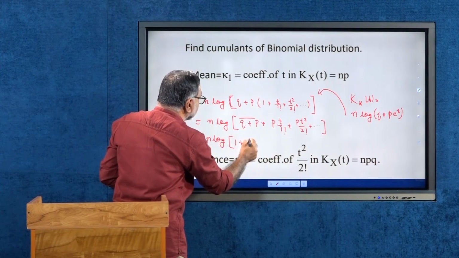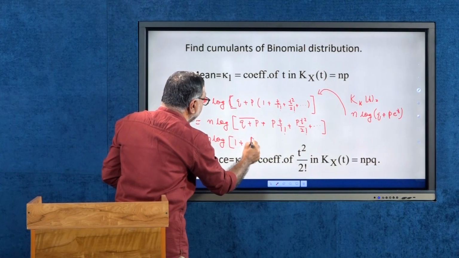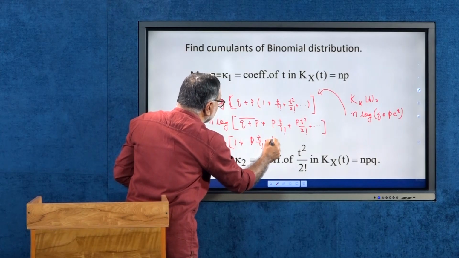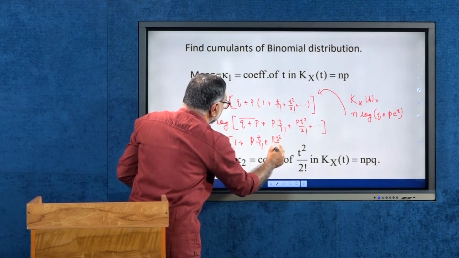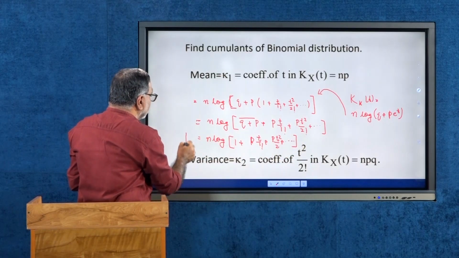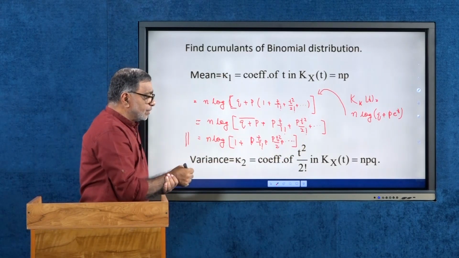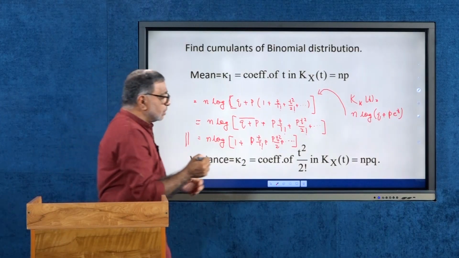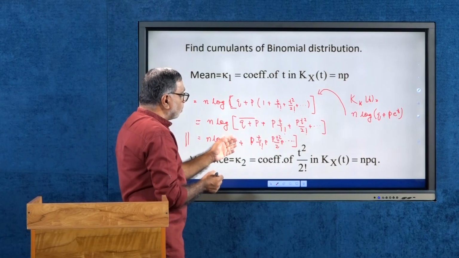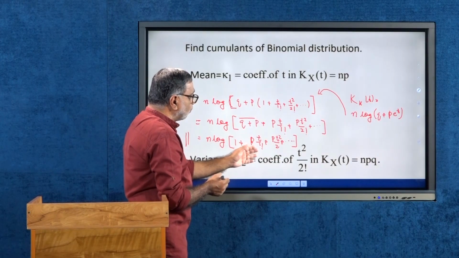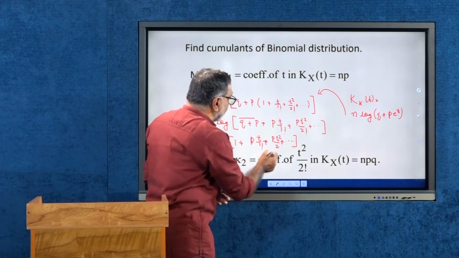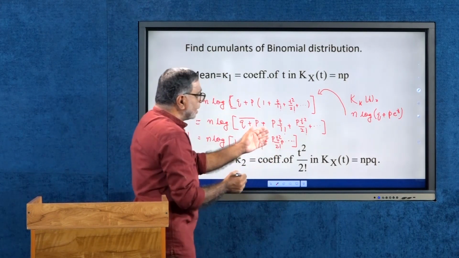So, 1 plus p t divided by 1 factorial plus p t square divided by 2 factorial plus etc. So, the cumulant generative function is equal to n logarithm of 1 plus p t by 1 factorial plus p t square divided by 2 factorial plus etc.